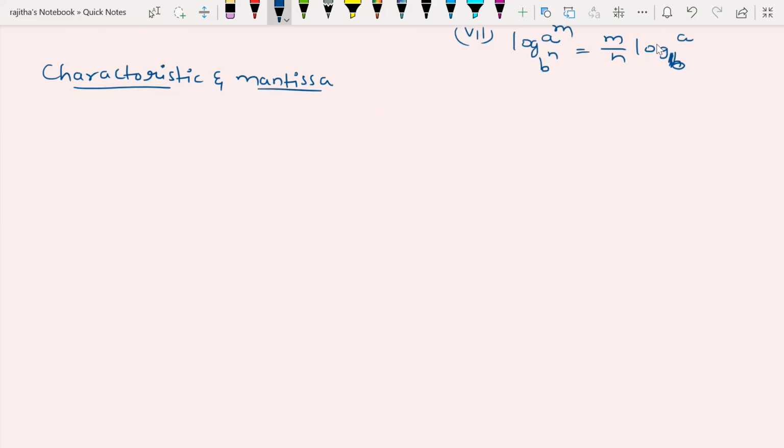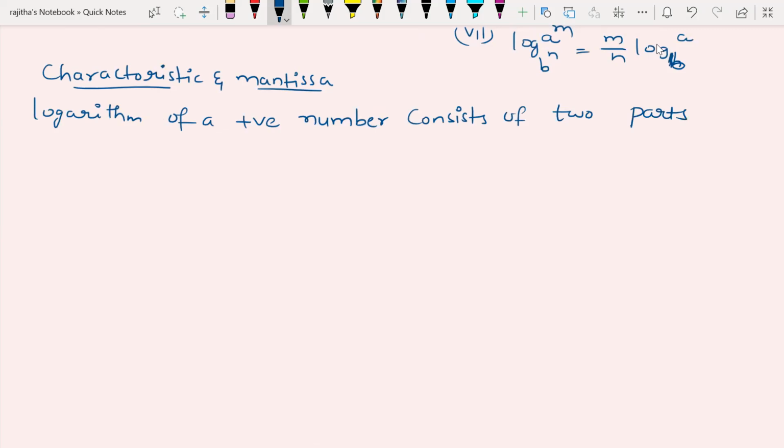So what is the characteristic and mantissa? For example, the logarithm of a positive number consists of two parts.